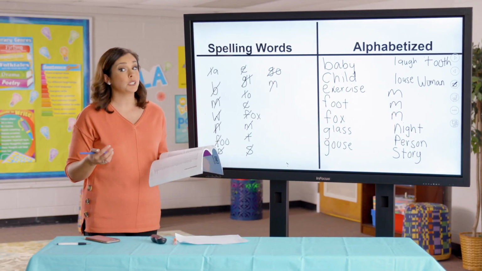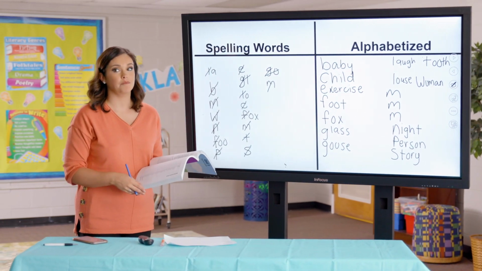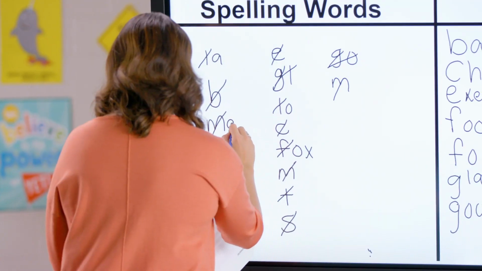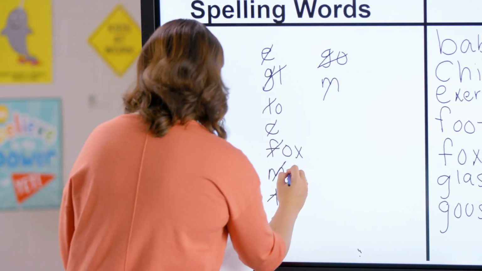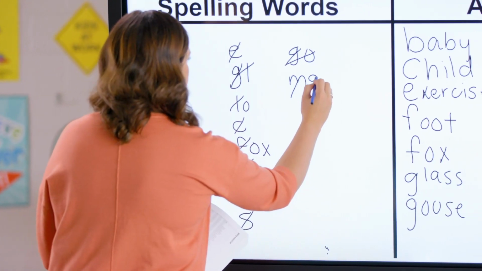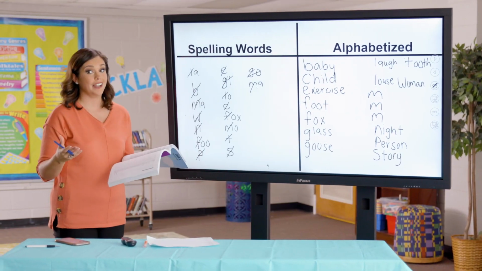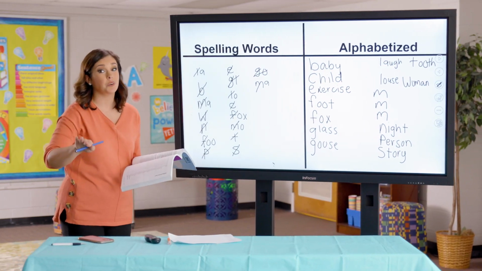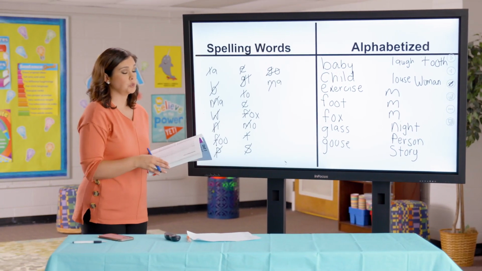We have 3 more spelling words, and they all start with the letter M. Let's reveal the second letter so we can put them in order. Oh no, you guys. I noticed that 2 of them have the same letter, so we need to reveal the third letter in these words.